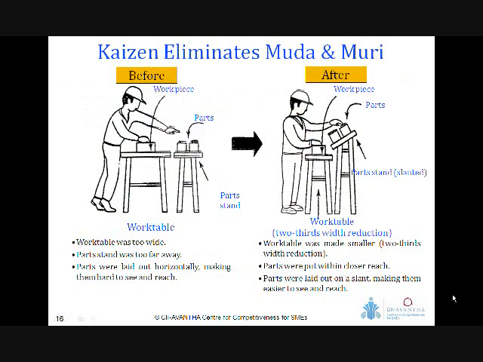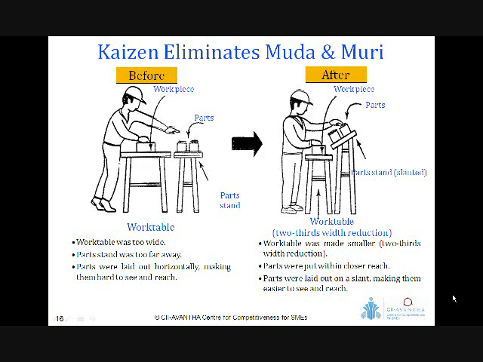This is another example. In the before picture we see the workpiece is on one table and other parts are quite far away. Parts are laid out horizontally, making them hard to see and reach. So there is an improvement done, a small improvement done by the operator.